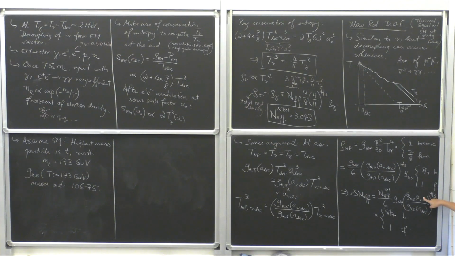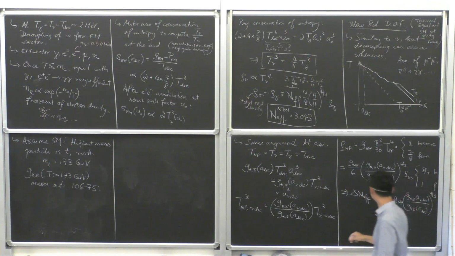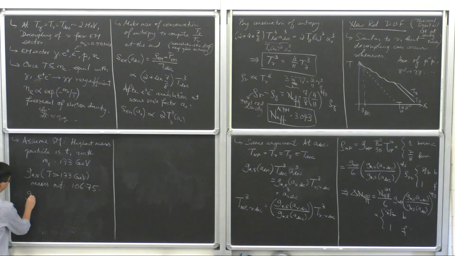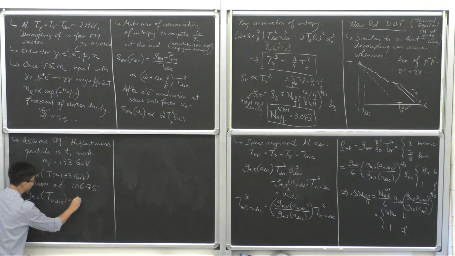This number is known. It's just the number of degrees of freedom at neutrino decoupling, and including the neutrinos it is something like 10.75. So we have g_*S at T_ν decoupling is 10.75.